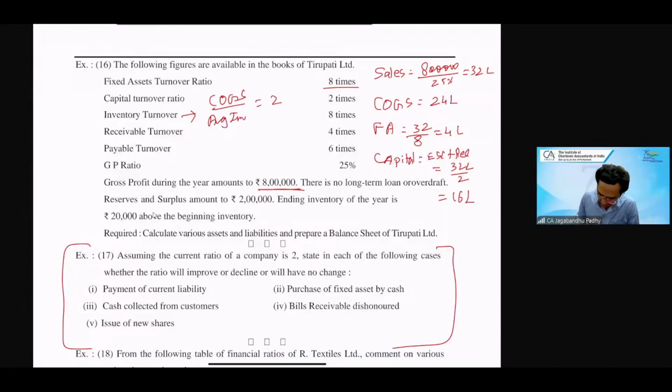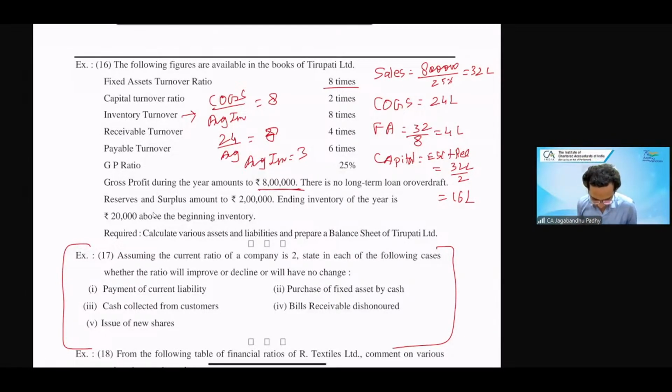COGS is 24 lakhs upon average inventory, and the inventory turnover ratio is 8 times. So the average inventory is 3 lakhs.